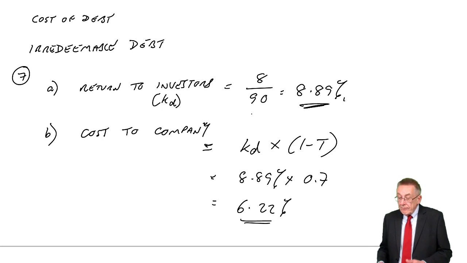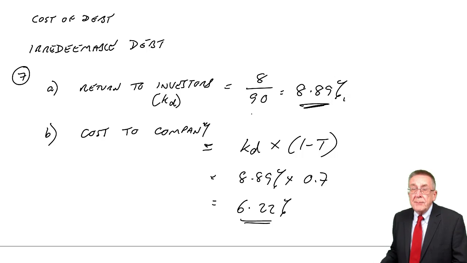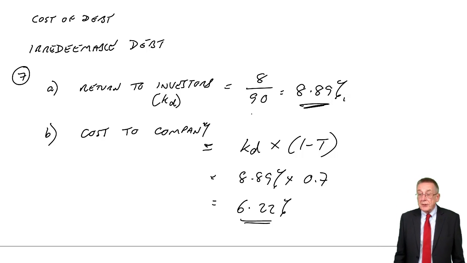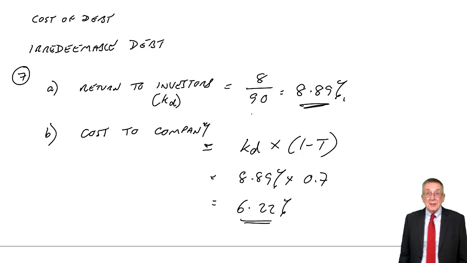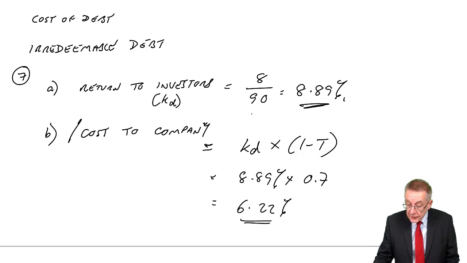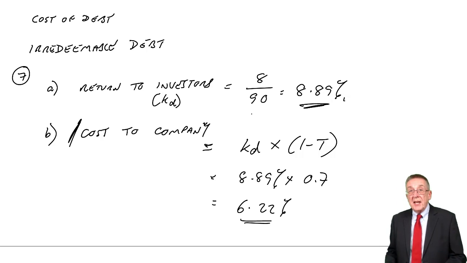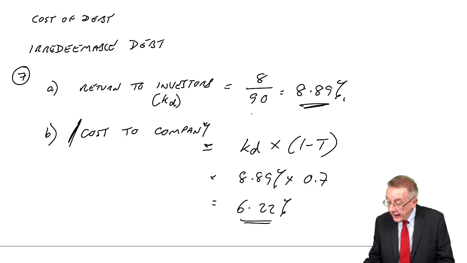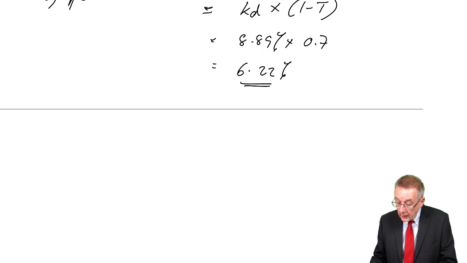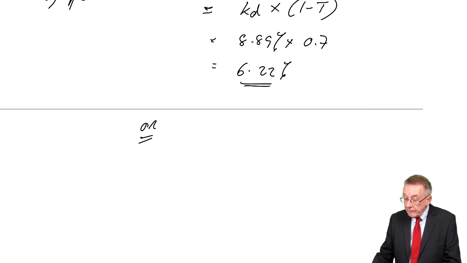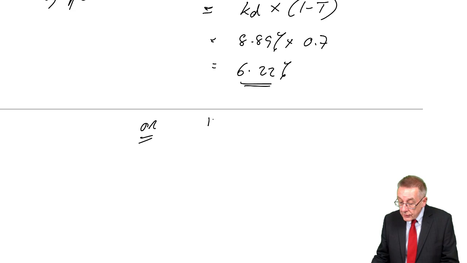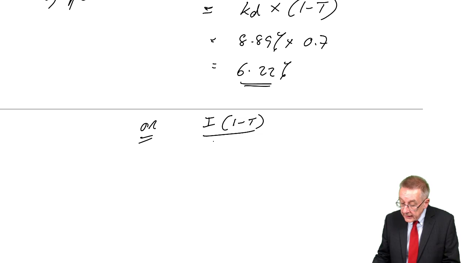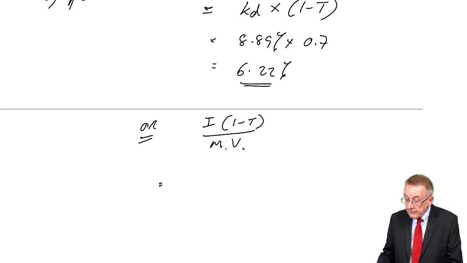Normally, though, we have one step too many, in the sense we don't normally want to know what return the investors want. All we're normally interested in is the cost to the company. And so instead of working out return to investors and then looking at the tax effect, the alternative, the quicker way of getting the same answer, is to take the interest after tax divided by the market value.